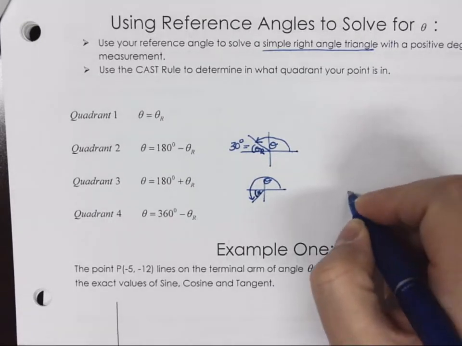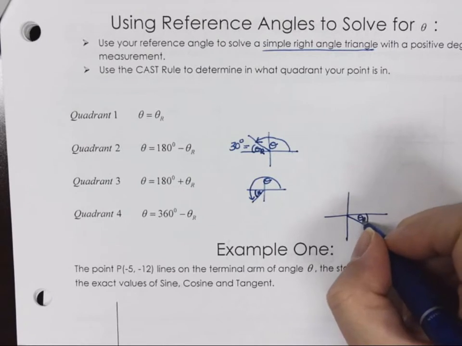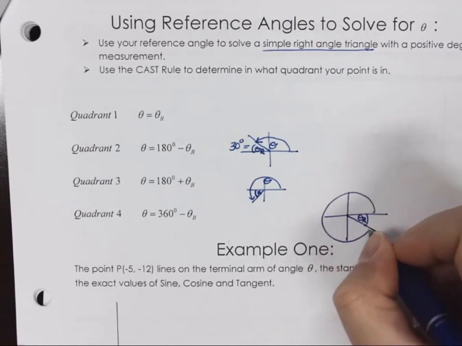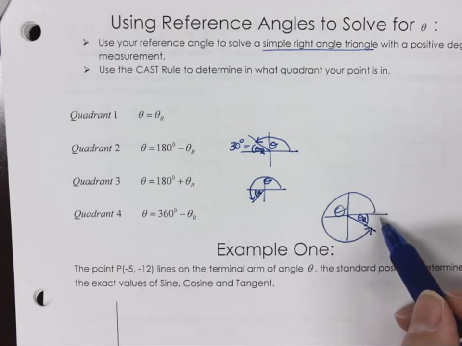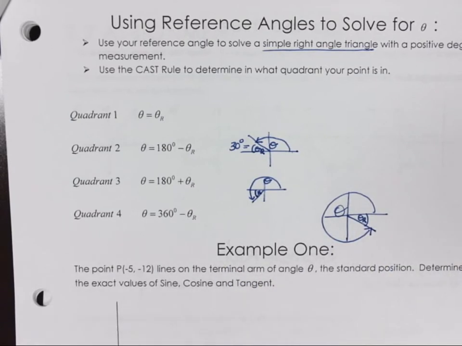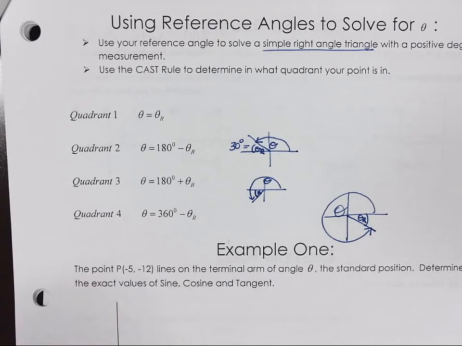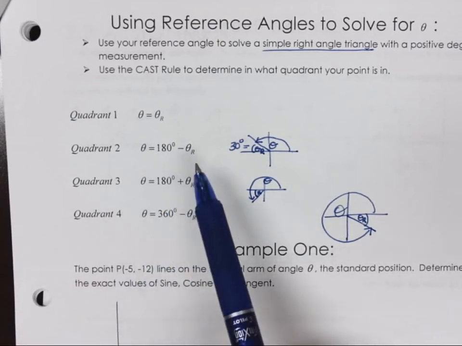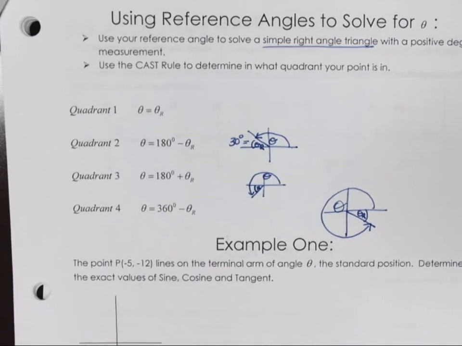And then in quadrant 4, if we know this is theta reference, we know the whole thing is 360, so if we take 360 and subtract theta reference from it, we'll get our angle in standard position, right? So that's 2.1. You guys knew all these rules, but they're actually mathematical rules. You just figured them out without knowing the rule. Okay? All right, here we go.